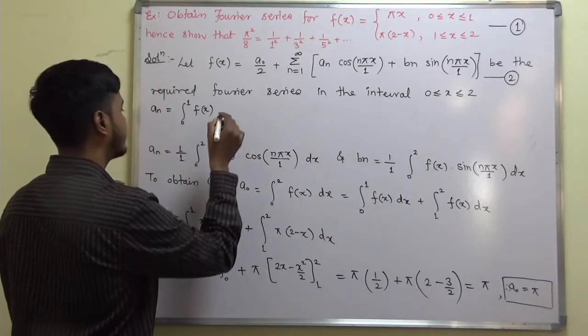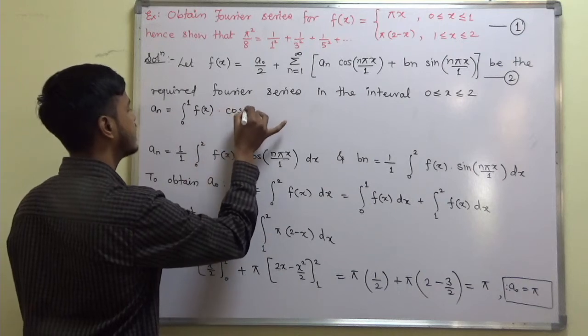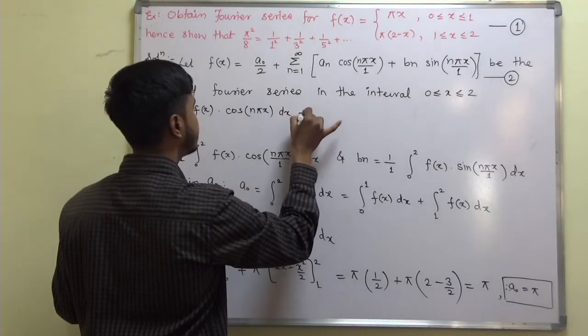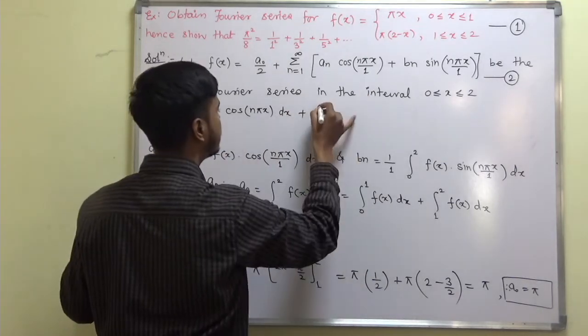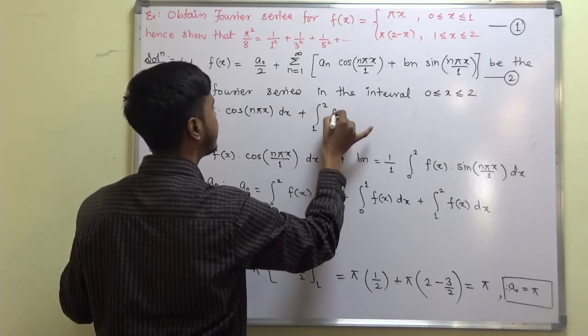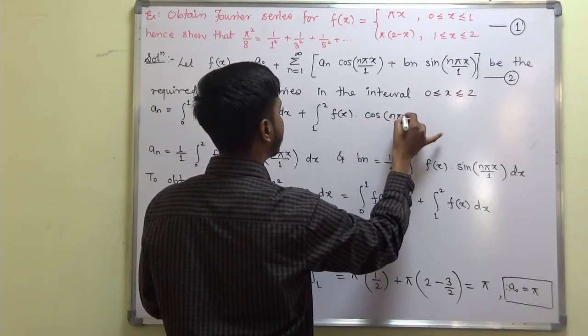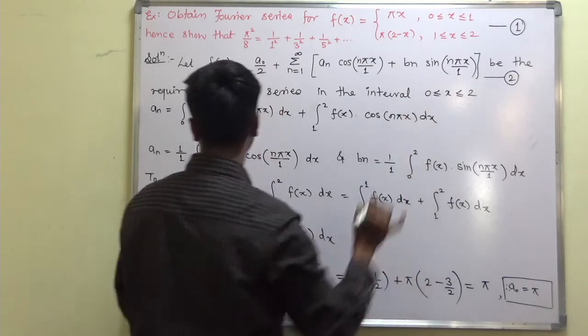Okay, so f of x into cos n pi x dx, plus then breaking from 1 to 2, so this is integration 1 to 2 f of x into cos n pi x dx. Simple.